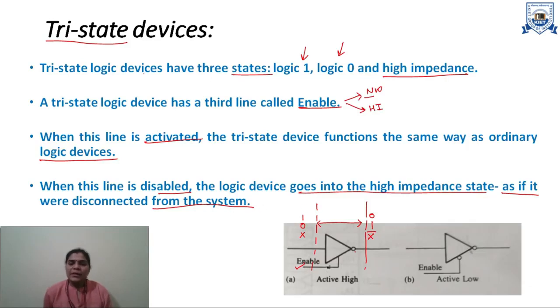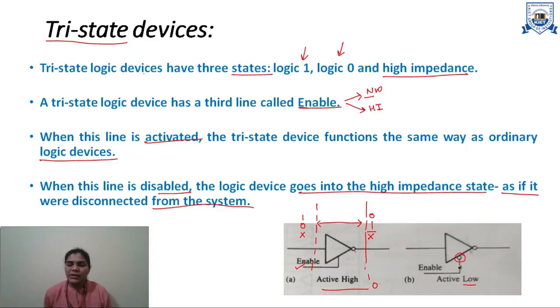So it will be considered as if it were disconnected from the system. The enable line can be active high. It means this device will work if the enable line is 1, or we can say the enable line is at logic high. If this enable line is 0, then this device will be in high impedance state. Or the enable line can be active low.